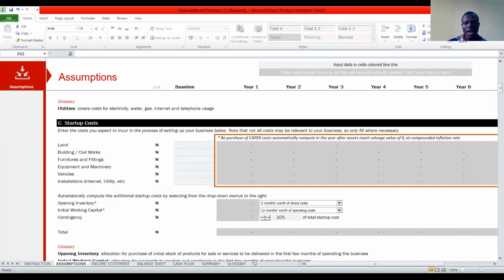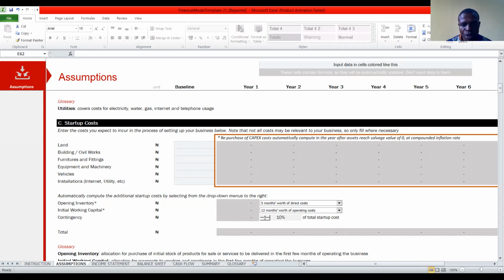Okay. Now these were the baseline information that I've gathered. As I told you, you have to always do your research to avoid having any issue. So from my research, this is what this person is projecting for his capital equipment.